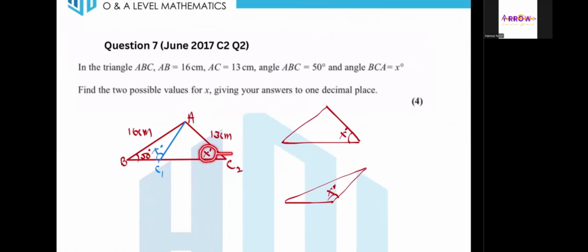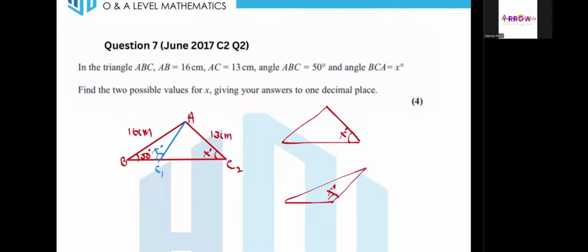Either it can be acute or it can be obtuse, which essentially means that we have two possible positions of point C. Either point C can be over here or it can be over here. This obviously implies that the length of BC will change according to the two possible values of C. This makes sense or not?